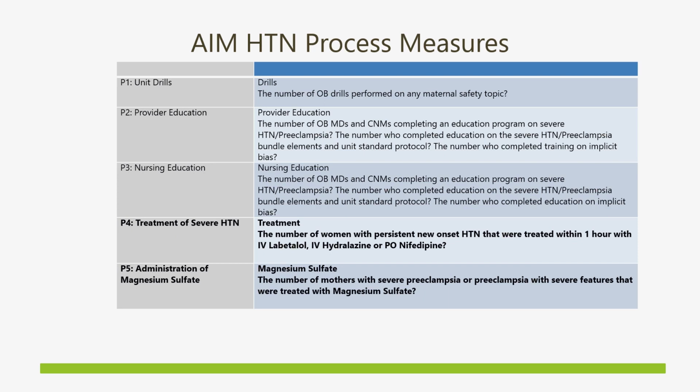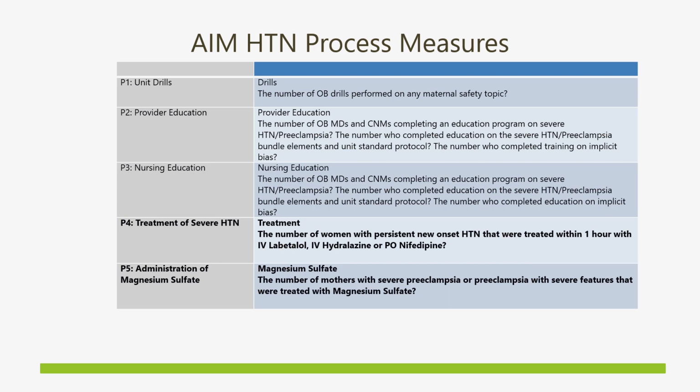So again, we'll look at the process measures, and for the hypertension initiative, again, with the new standards for perinatal safety for the Joint Commission, with the elements that pertain to hypertension, there are two process measures that will require documentation. And as time goes on, we'll have more discussions about this. But the two elements of the hypertension bundle that require documentation are P4 and P5.